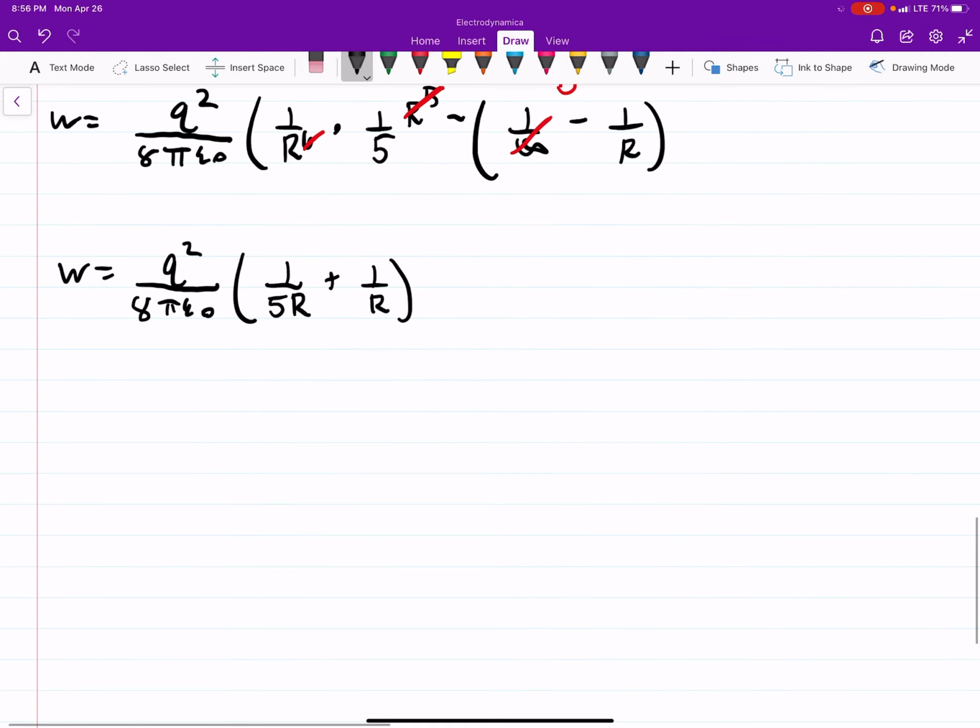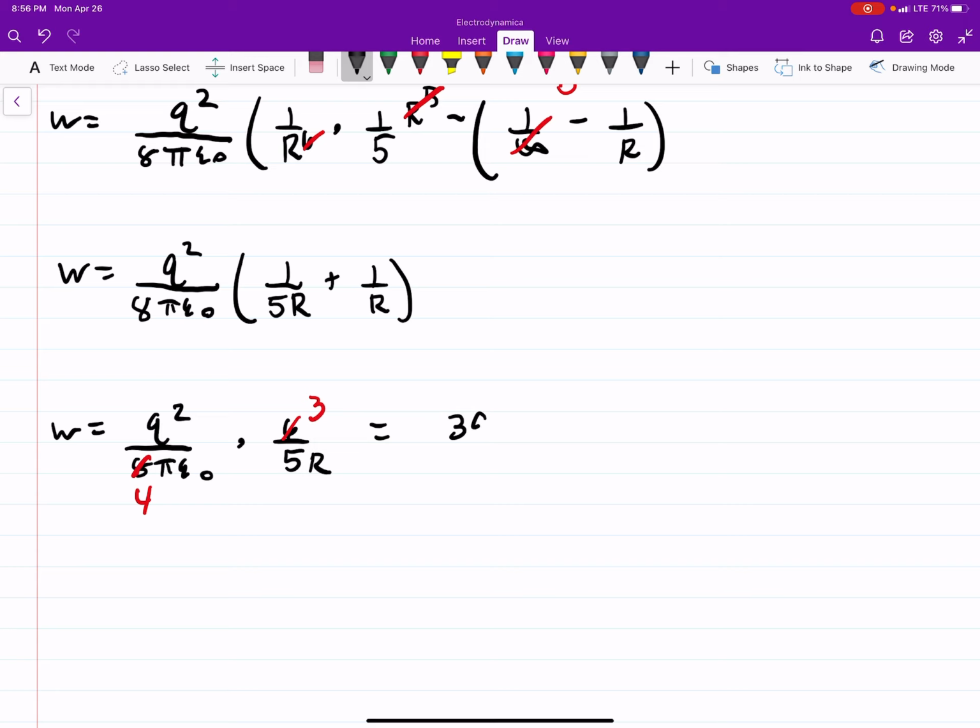So now that we have that, you could just get your common denominators. You'll get q squared over 8 pi epsilon naught times 6 over 5R. Let's see, this will become a 4, this will become a 3.